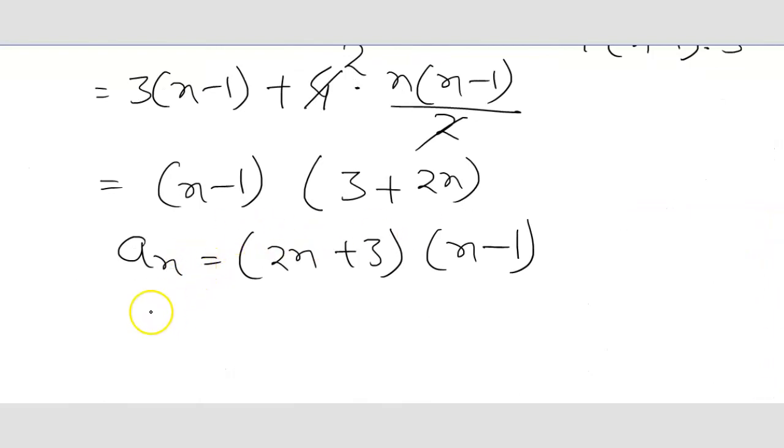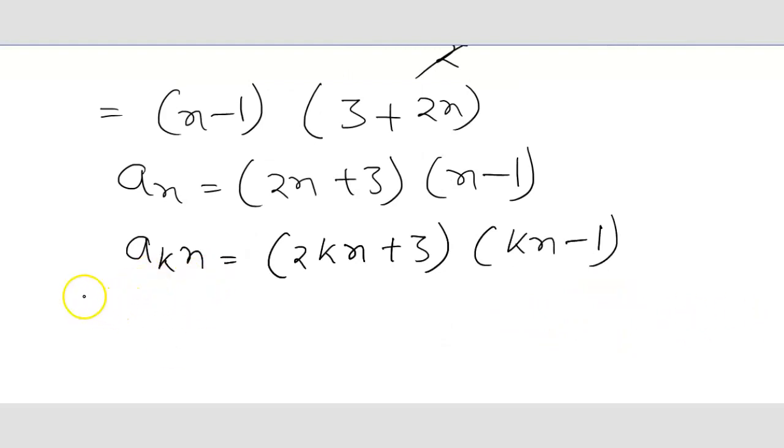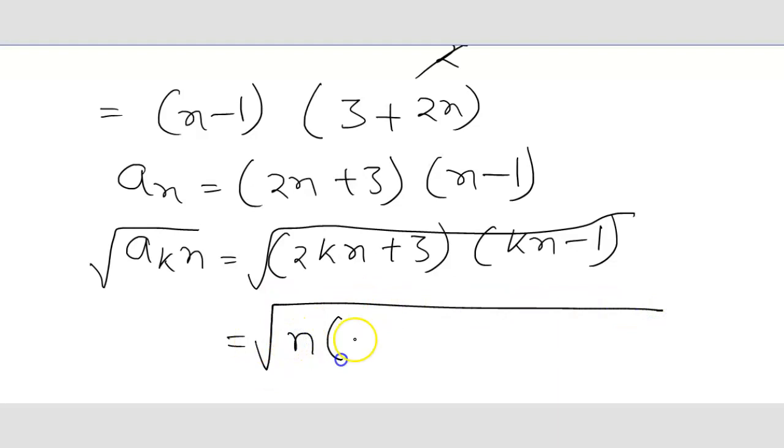Let's say the general coefficient is k, so we can write it as (2kn + 3)(kn - 1). Now we have to make it a square root. So take the square root on both sides, and now if we take n common, it follows like (2k + 3/n) and (k - 1/n).